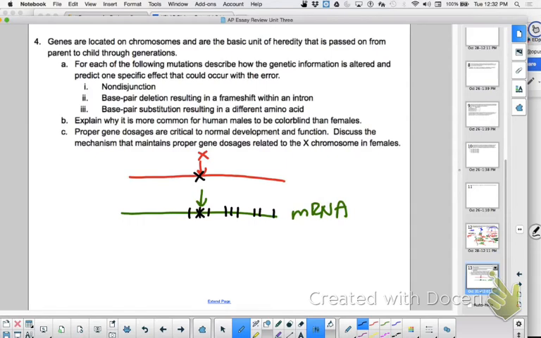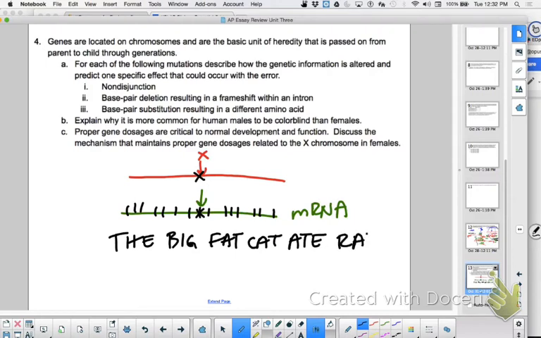Codon is every 3 bases. Let's write it like this. What did I just write? 3-letter words. What is that representing? Codons, right?